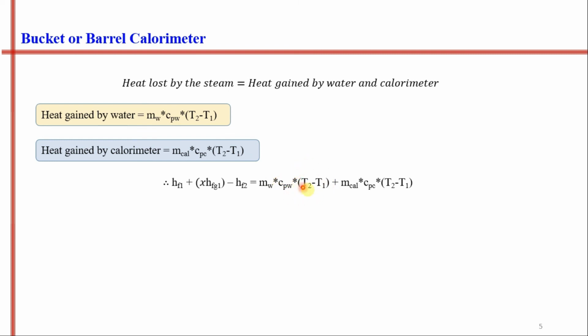Temperatures T2 and T1 are also measured using a thermometer. The mass of the calorimeter we measured using a weighing platform. CPC is already known. So in this equation, the only unknown left is X, the dryness fraction, and we can find it from this equation. This is how we can find the dryness fraction experimentally using a bucket or barrel calorimeter.